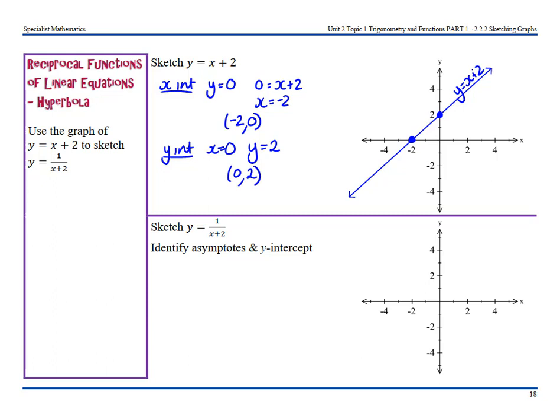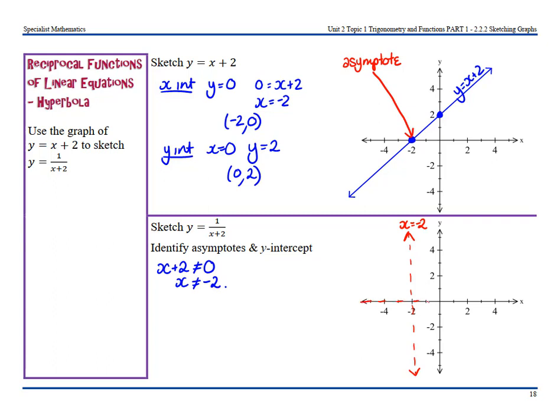Now to draw the reciprocal function, we need to look at certain parts. Number one, easy one, our asymptote is going to happen at that x-intercept, because we can't have x plus 2 equaling 0. So in this second one, we've got y equals 1 over x plus 2. x plus 2 can't equal 0, so x can't equal negative 2. So that is our first thing, which is our vertical asymptote at x equals negative 2.